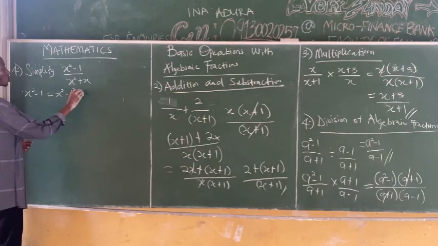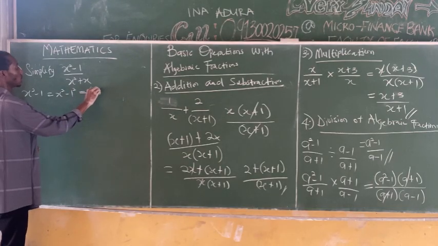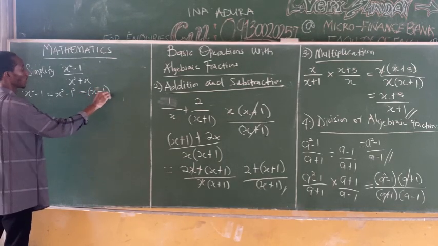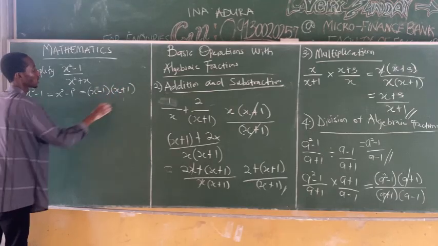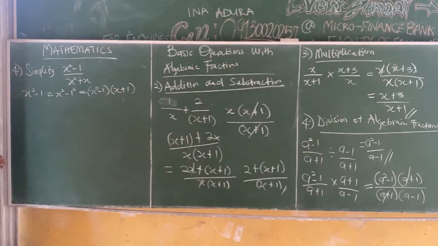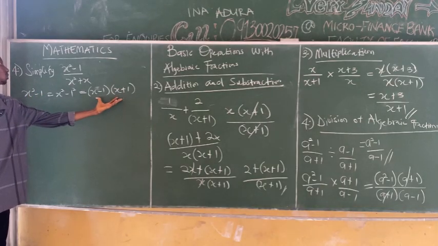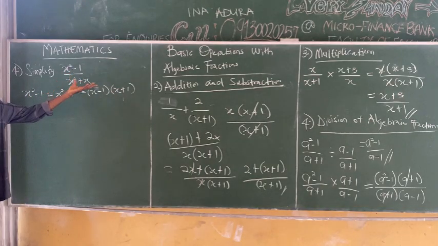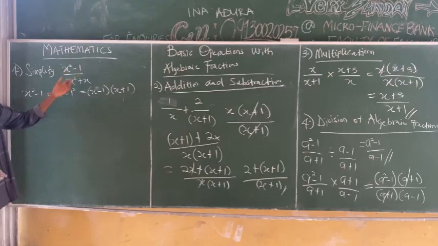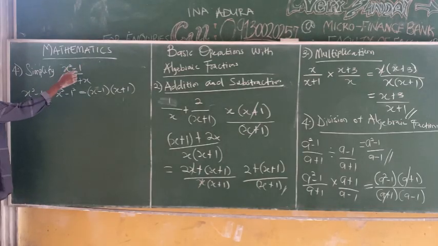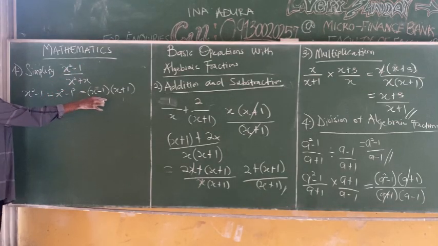From difference of 2 squares, we have x minus 1 into x plus 1. Now we have gotten that. Let's substitute this into x squared minus 1.